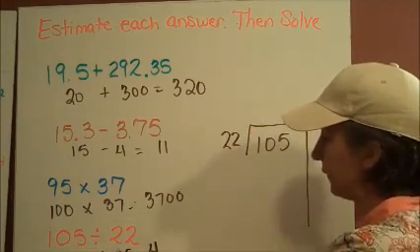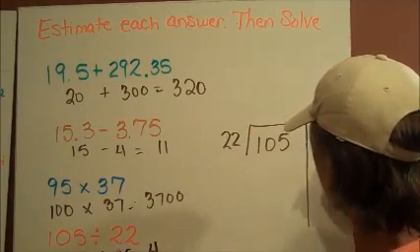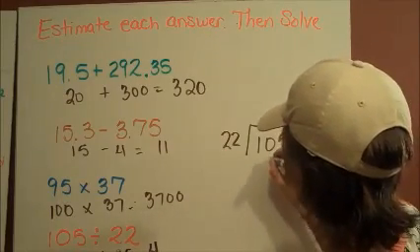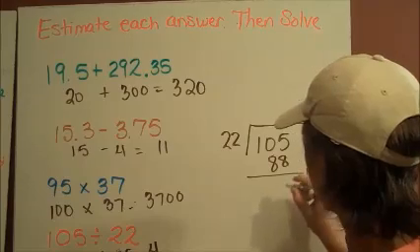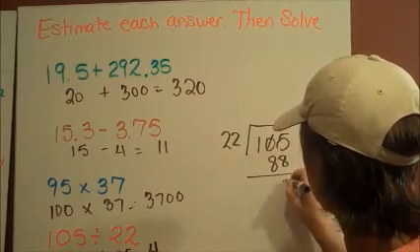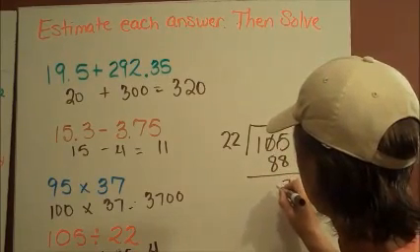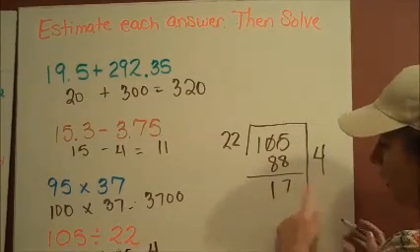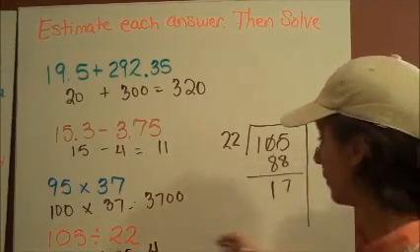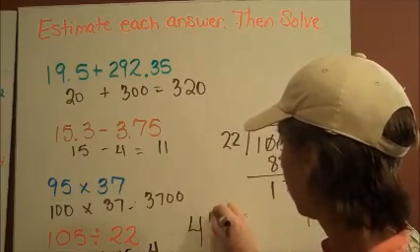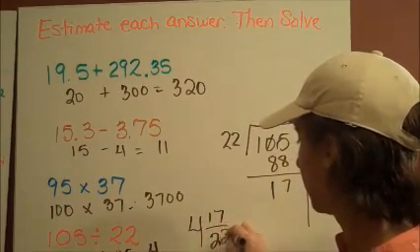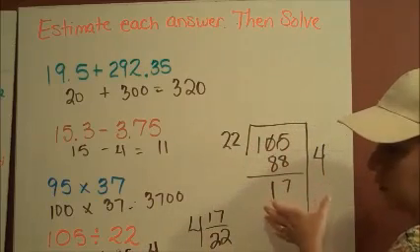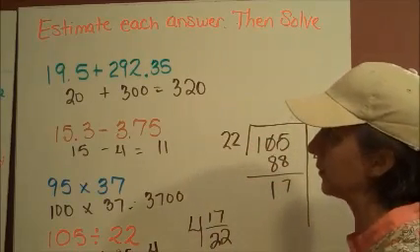My estimate is 4, so that's where I'm going to start. 4 times 22 is 88. So I have 4 and 17, remainder 17, which can be written 4 and 17 22nds. So even an estimate can help you do subtractive division a little easier.